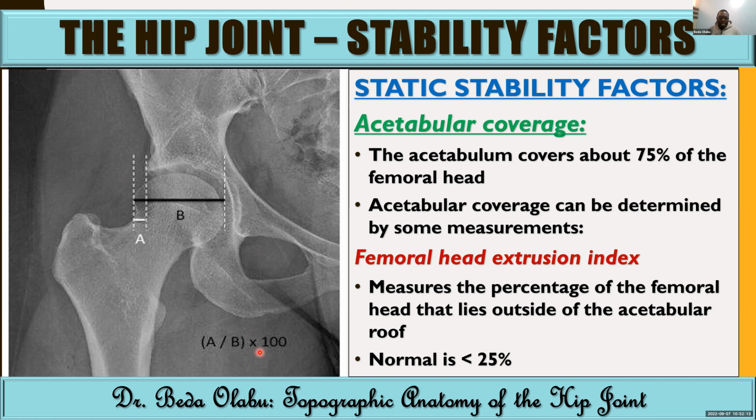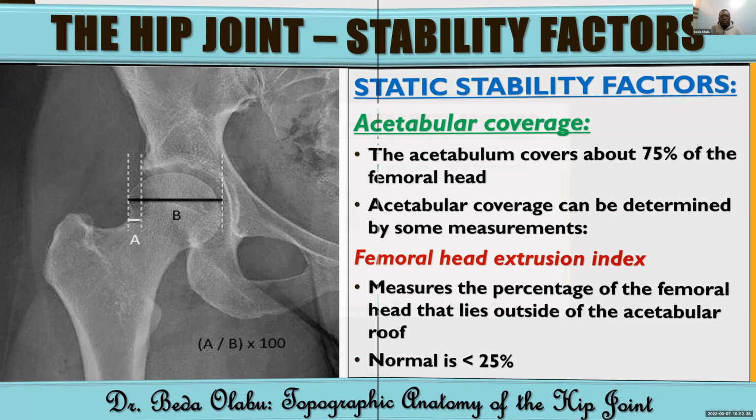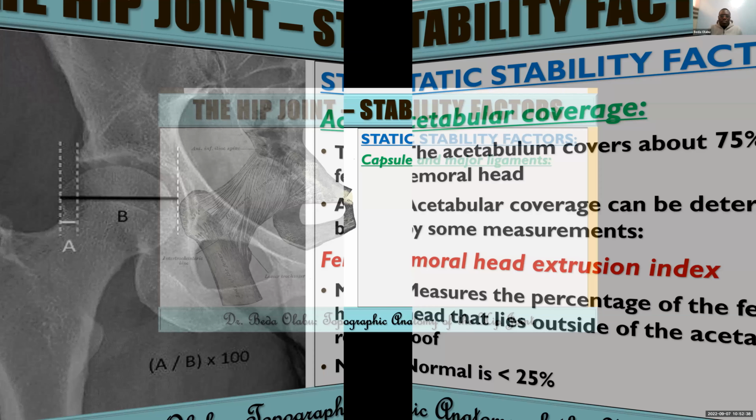Having said that 75% of the head is in the acetabulum, we therefore expect that this measurement here should be less than 25%. So the femoral head extrusion index should be less than 25%.